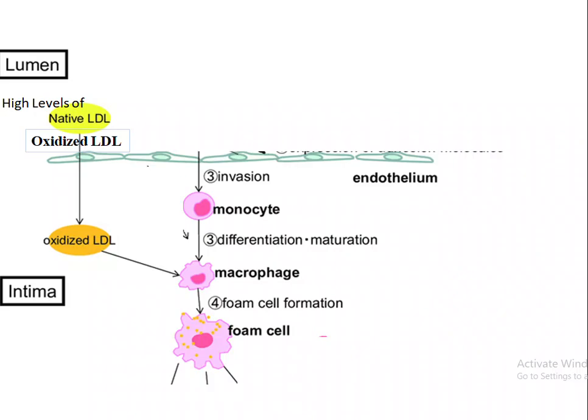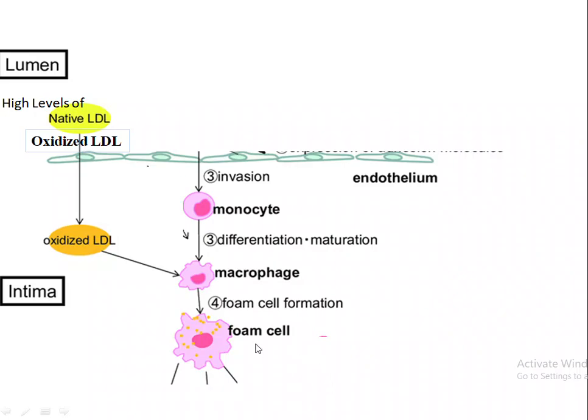Because of the expression of the scavenger receptors, they very efficiently engulf or take up the oxidized low density lipoprotein, and by the ingestion of oxidized low density lipoprotein, they become foam cells.